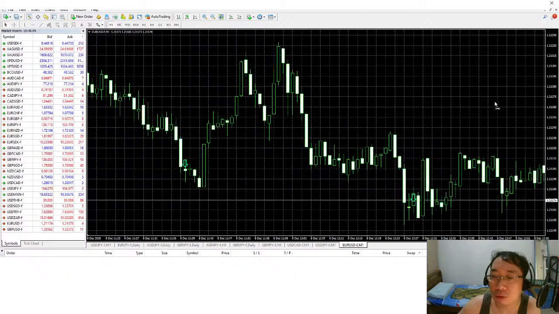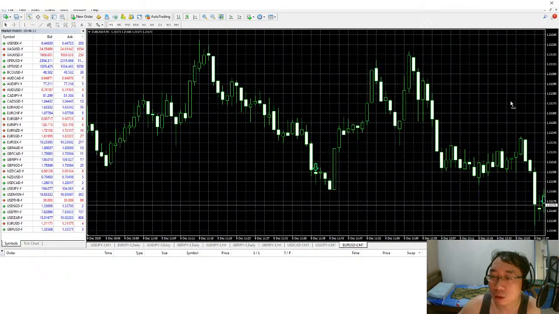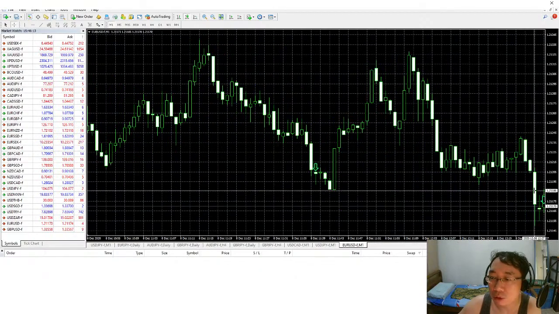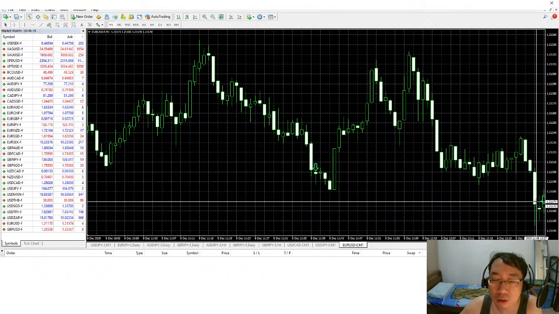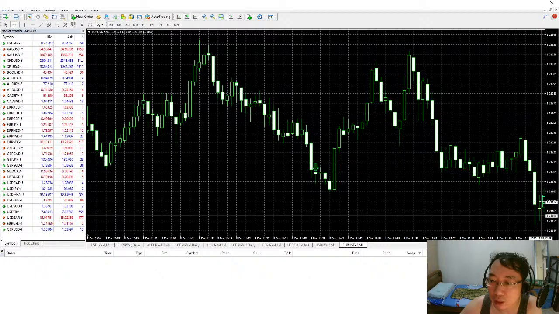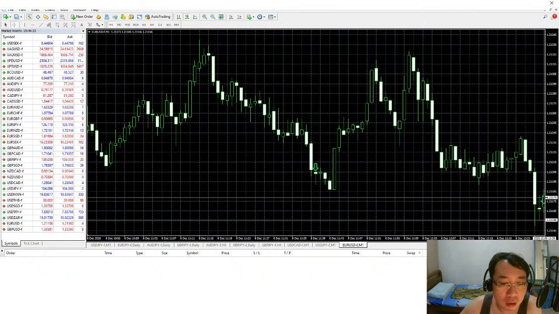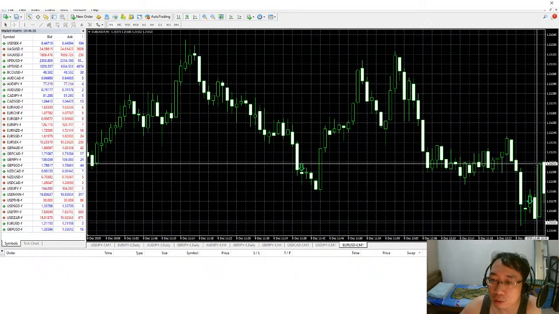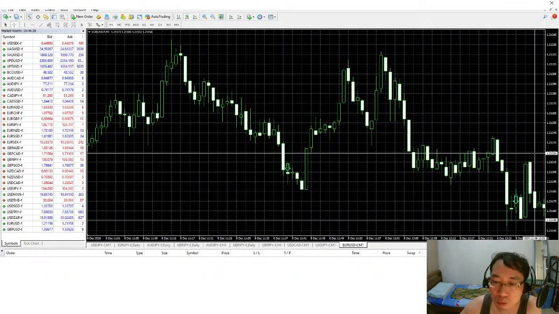Here, 12:29. So this looked like a breakout on the downside, but the candle wasn't really strong. And it immediately reversed and I got stopped out pretty quick.